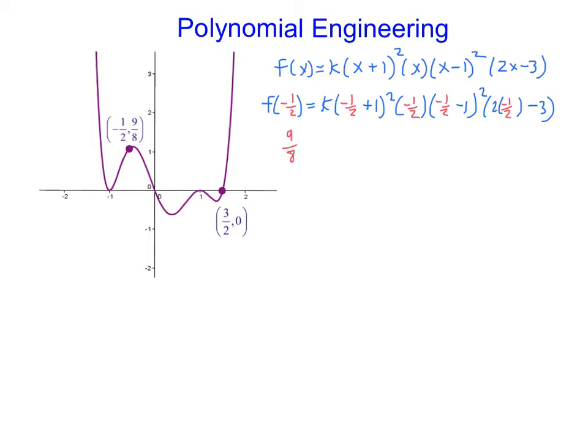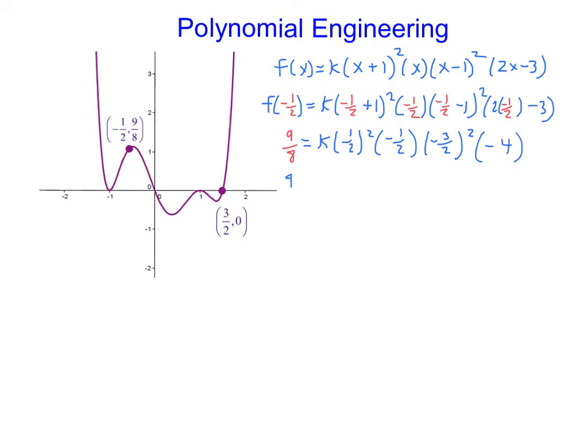And now we're going to go through, and I'm just going to simplify these parts here a little bit, where -1/2 plus 1, that's going to be 1/2 squared. Here we'll keep that as -1/2. -1/2 minus 1, that's going to be -3/2, which we'll square. 2 times -1/2, -1 minus 3, minus 4.